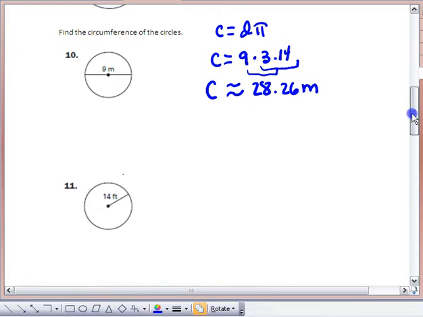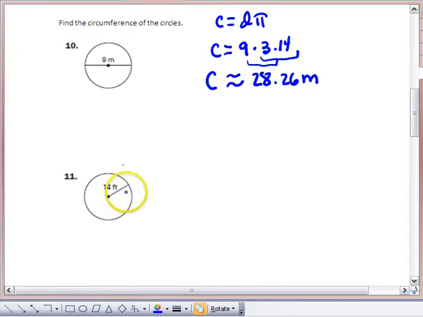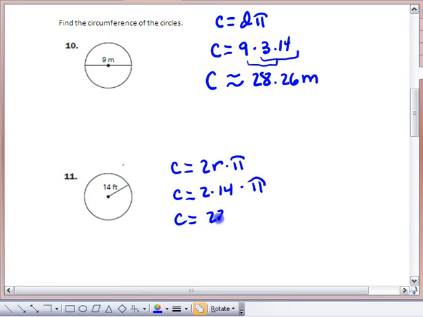Let's look at another example. Now for this one I know the radius. So circumference equals 2 of the radiuses times pi. So circumference equals 2 times 14 times pi. Well, 2 times 14 is 28, which is also what the diameter would be, times pi.